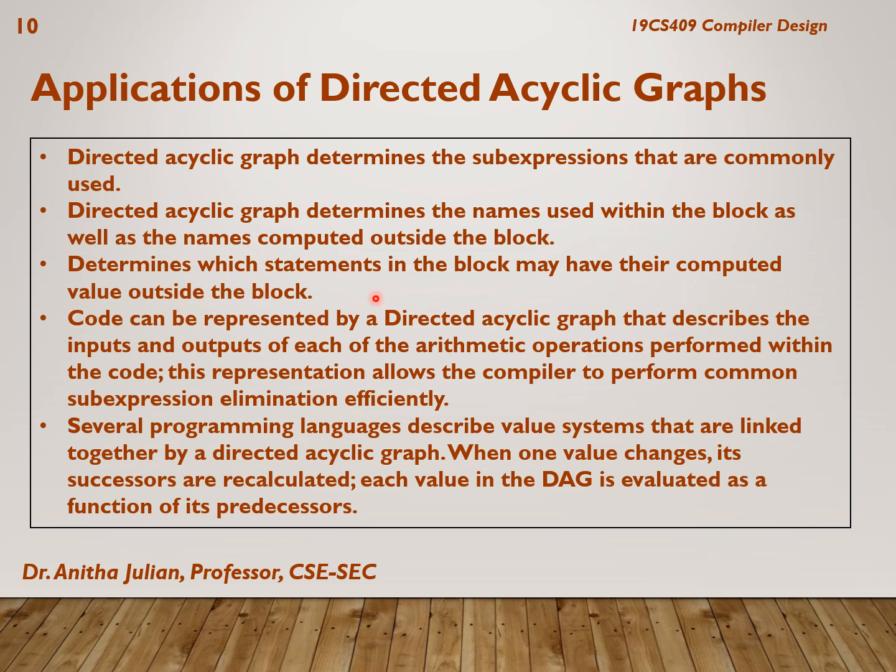Once computation is enough. If it is outside, it will already be computed, so you don't need to compute it inside the inner loop. Inner loop, outer loop, you know. Within the for loops, you don't need to compute. It will also describe the input, the output, and the arithmetic operation performed for this code. All this is done very efficiently.